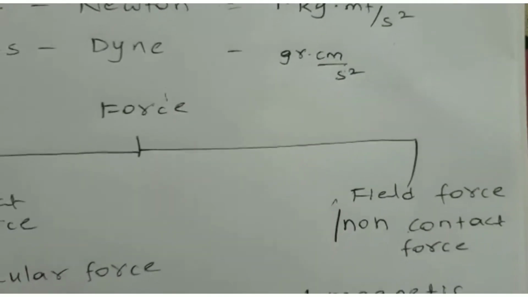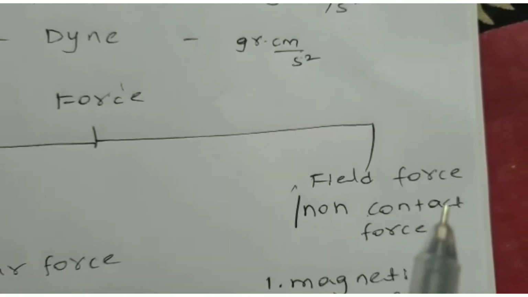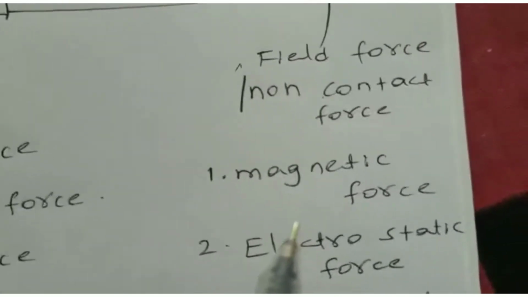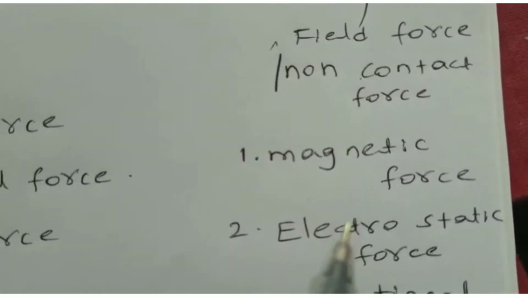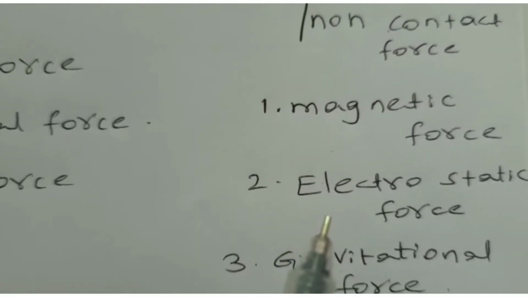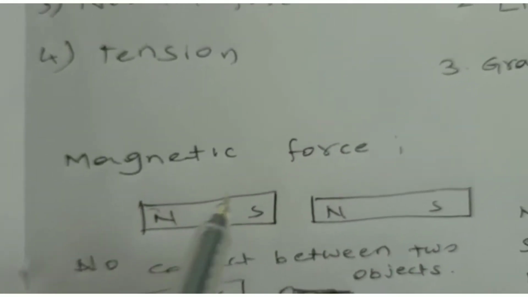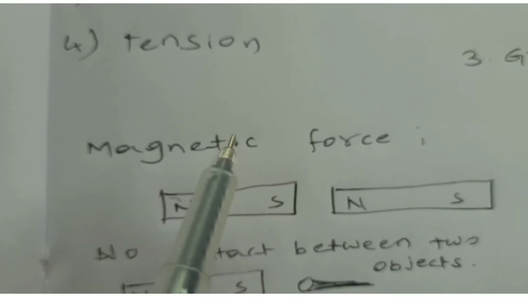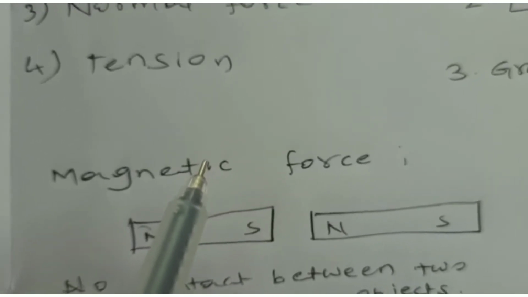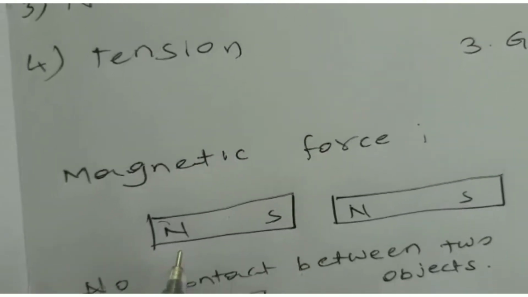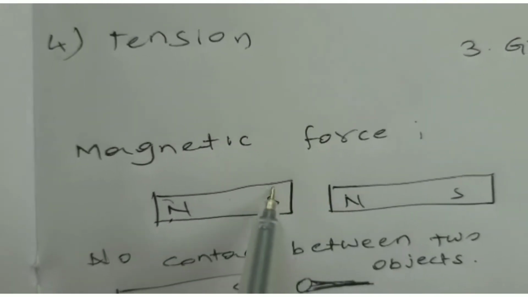For field force or non-contact force, the first example is magnetic force, the second is electrostatic force, and the third is gravitational force. What is a magnet? There are different types of magnets: ball magnet, spherical magnet, horseshoe magnet. Each magnet has two poles, north pole and south pole.